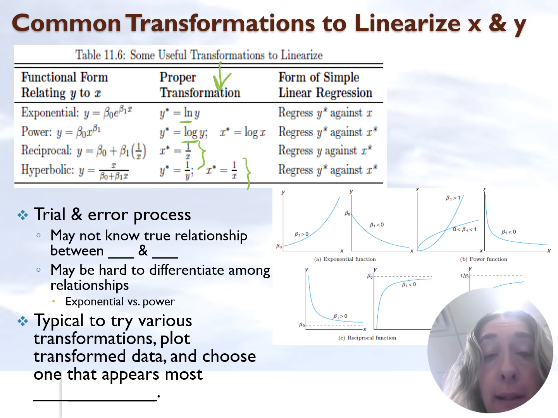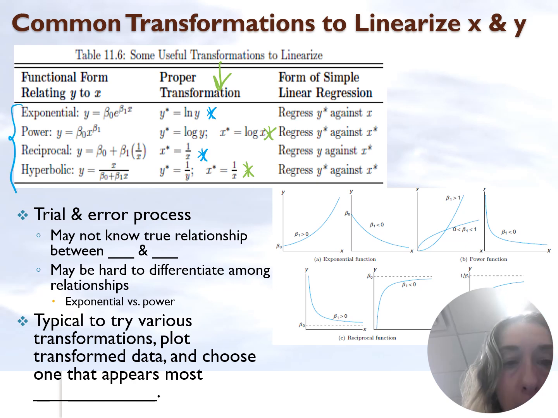As you can see, in some cases both variables are transformed, like in those two cases, or in other cases, just one of the variables is transformed. And this is all driven by the form of the relationship between X and Y. Perhaps the relationship between them is exponential, or it could be a power relationship as given by that functional form. It could be a reciprocal relationship, or it could be a hyperbolic relationship.